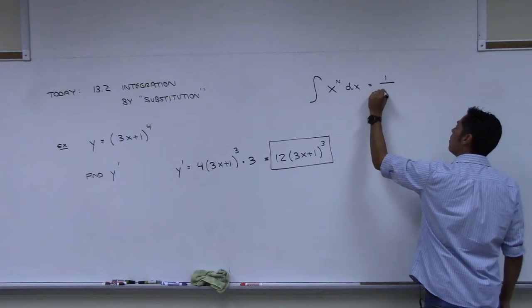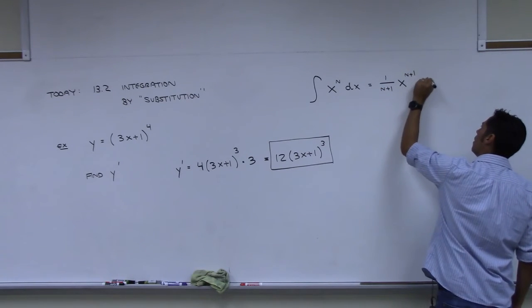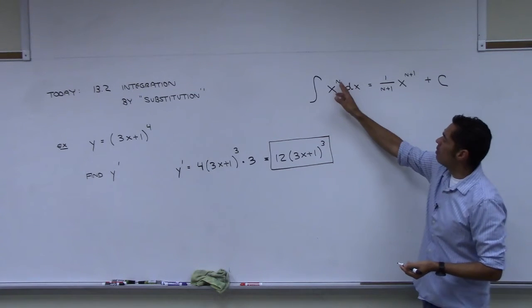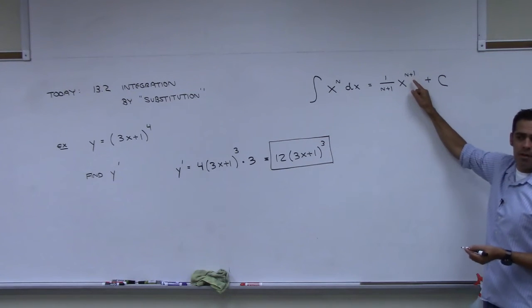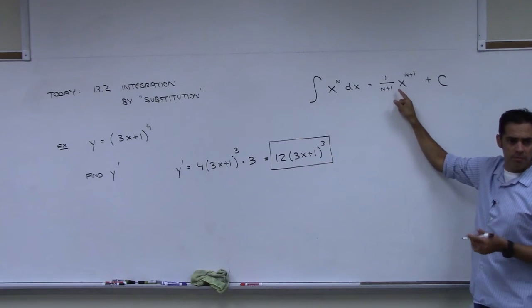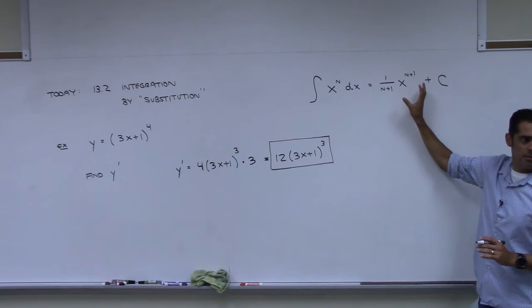It was 1 over n plus 1, x to the n plus 1, and then we always threw that c out there. In other words, if we had x to a power, we would add 1 to the power, then put out in front of it 1 over whatever that power was plus 1. Have we done enough of those that y'all feel okay with that? Yes?